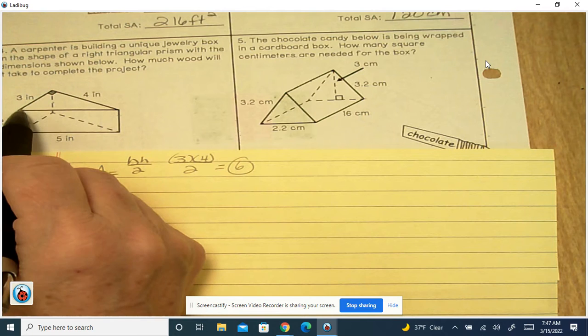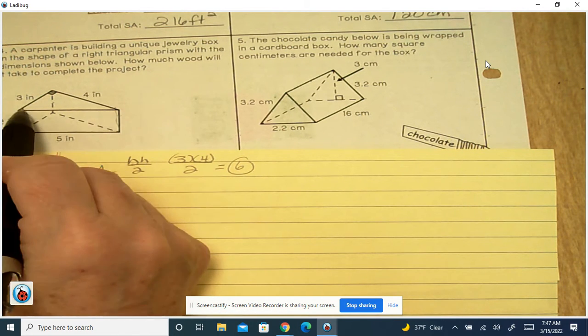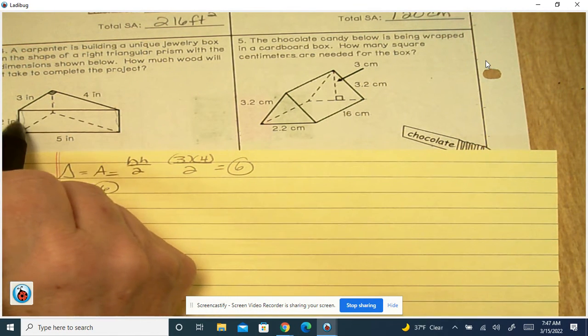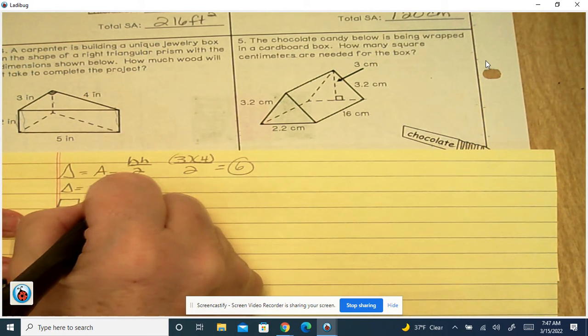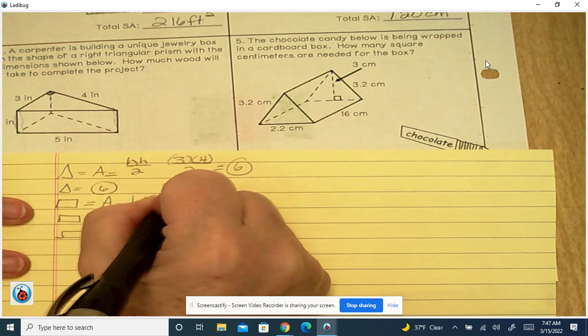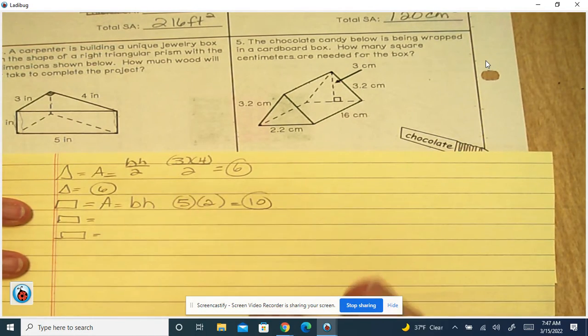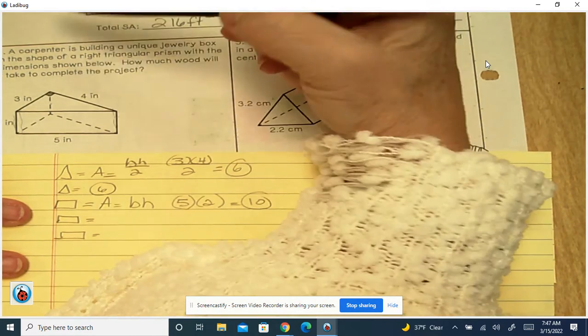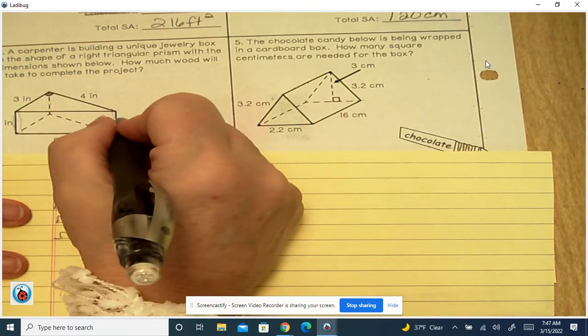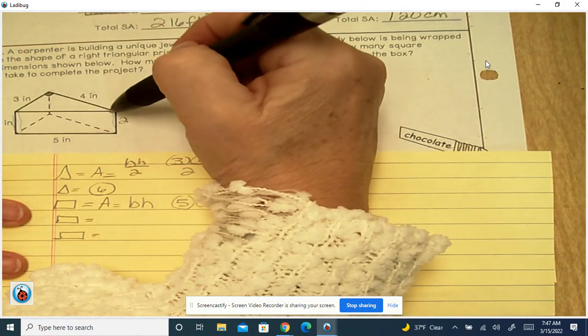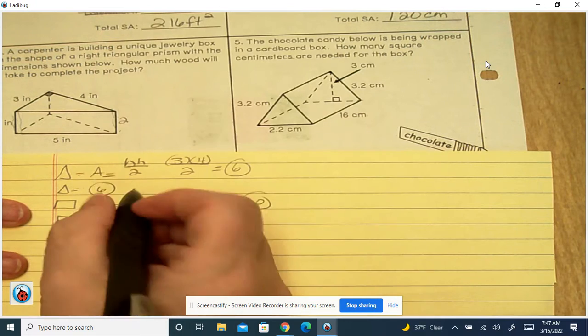Okay, for this rectangle right here, I see a base of 5 and a height of 2. Area equals base times height, base of 5 and a height of 2. And that gives us 10. On this back side, if this is 2, this is 2, and here's that back side, which is 2 times 4.